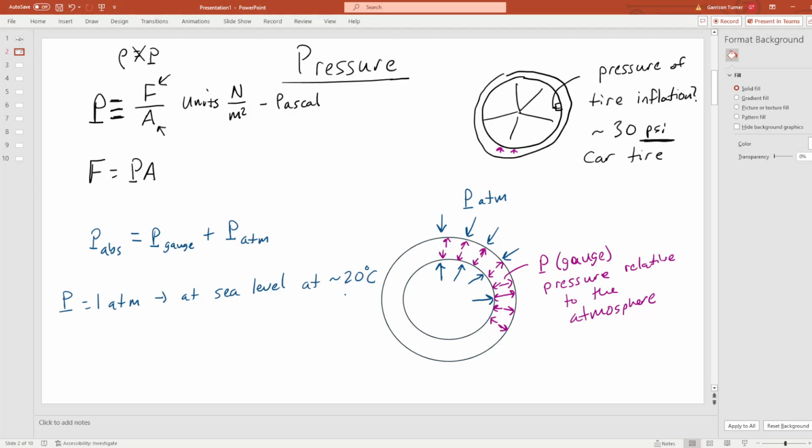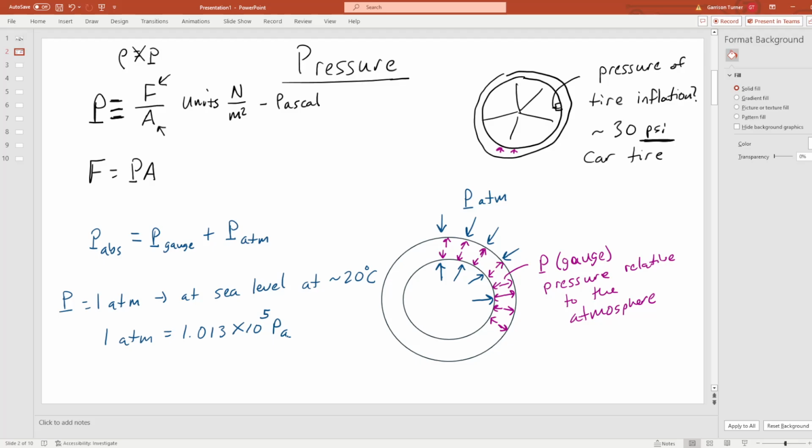And this happens to be, well, let's put it this way. So, one atmosphere is equivalent to 1.013 times 10 to the fifth pascals. Okay, so this is honestly a lot of pressure.